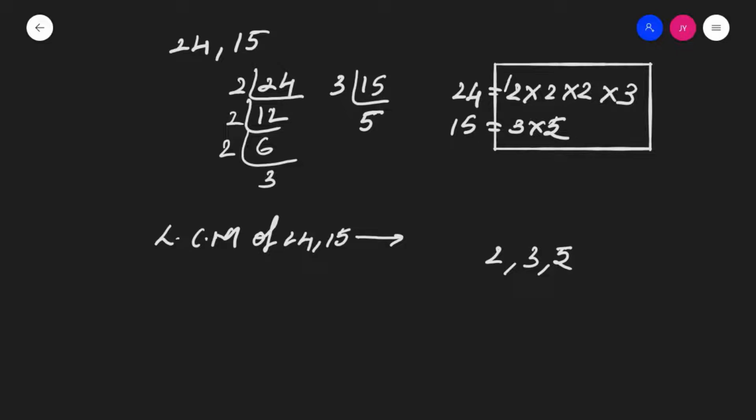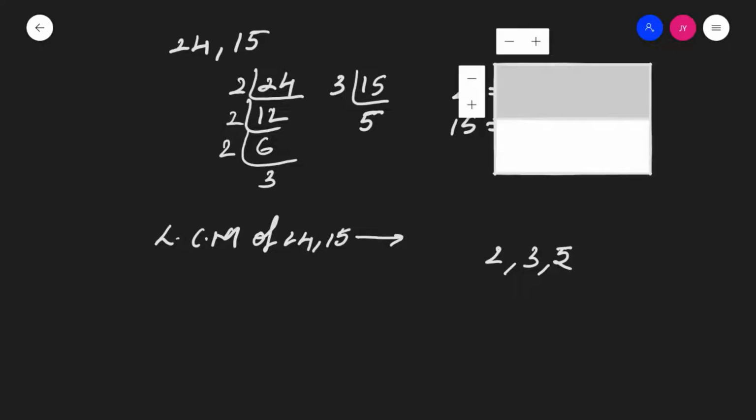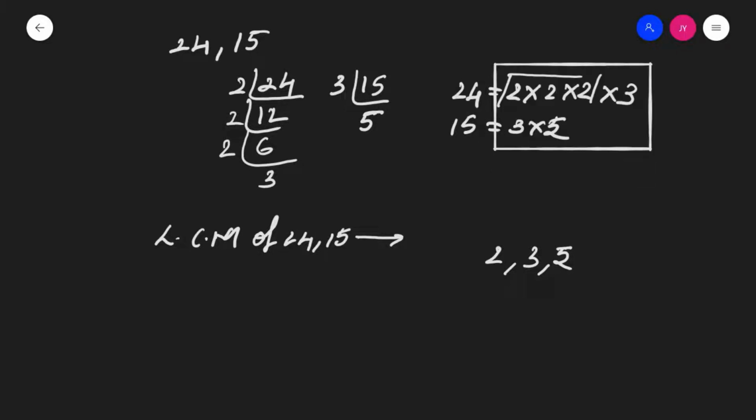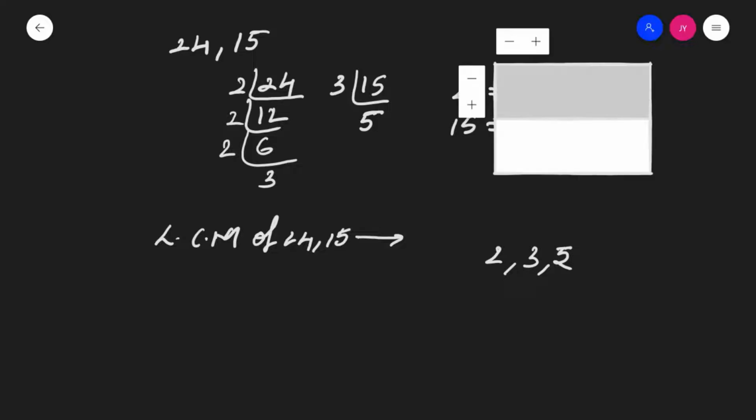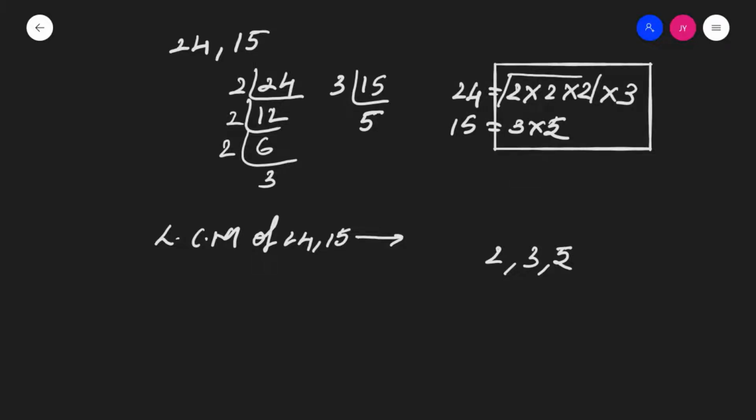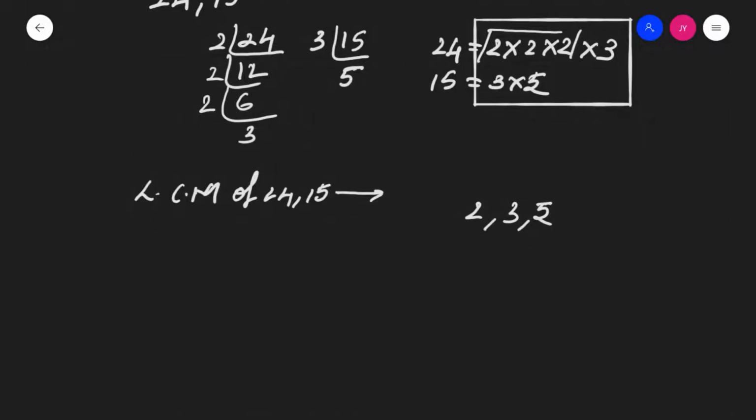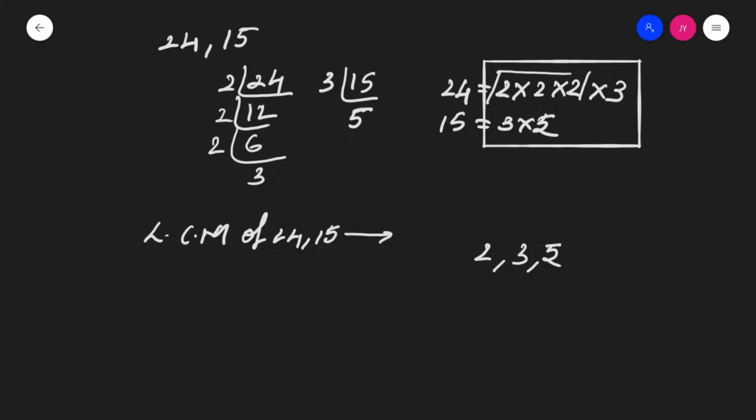Where are the 2s? Here. How many 2s are there? Only three 2s, so it will be 2 cube. Next, how many 3s can you see? Only one 3 here and one 3 here. So only 1. Only one 5 is there, so 5 power 1.